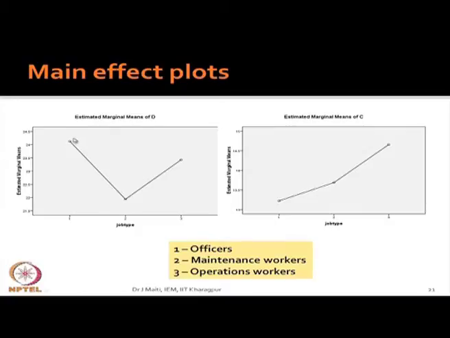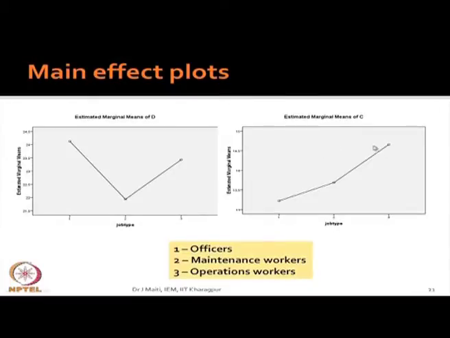Here from the demand point of view, officers are having the highest level of job stress. In this case, from the control point of view, operations workers are having the maximum. Getting me? See how interesting this is. It is obvious that officers always have better control because they are more empowered.